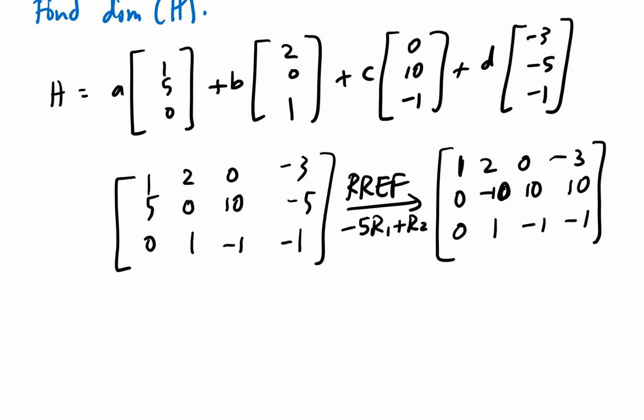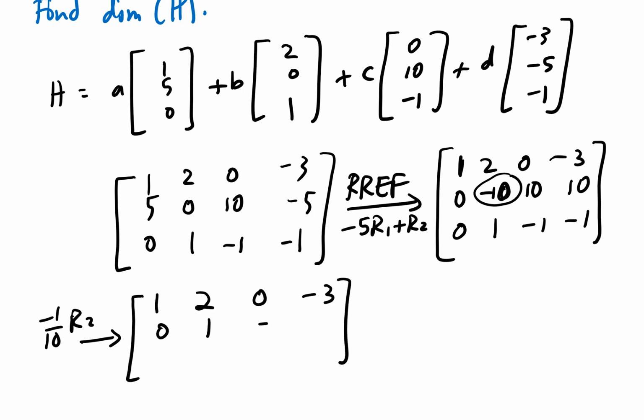Now I want to get this to be 1, so I multiply row 2 by -1/10. 1, 2, 0, -3 stays the same. 0, 1, -1, -1, and 0, 1, -1, -1. I can clean this number by adding row 2 to row 3 times -1, so that becomes 0, 0, 0.